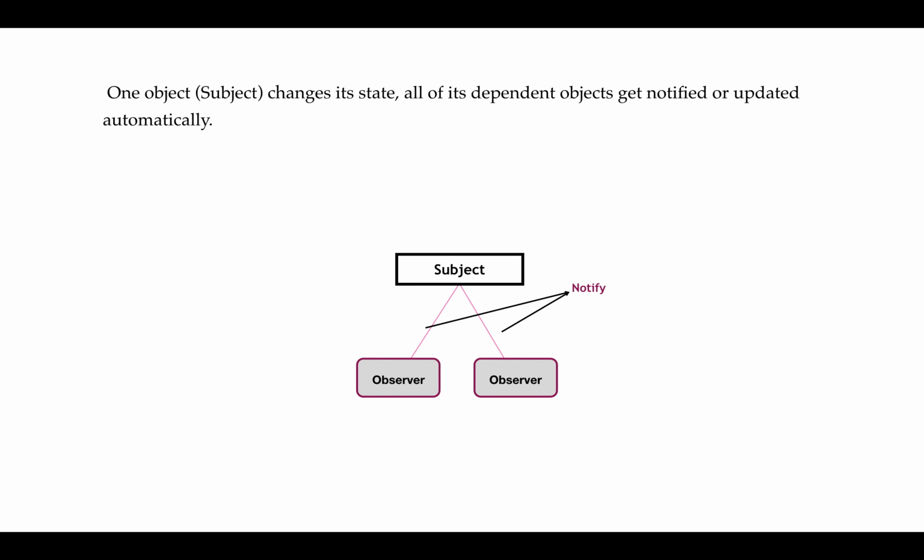Like here, we have a subject which has a state, and whenever any modification happens in the state, the subject will notify all its observers which are registered in the subject. And once observers get notified by the subject, they are ready to get the same update implemented in them.